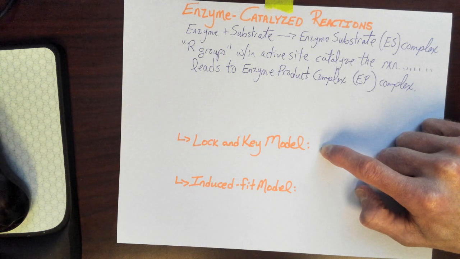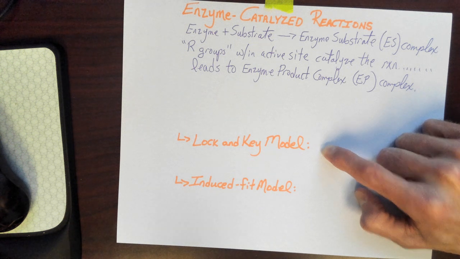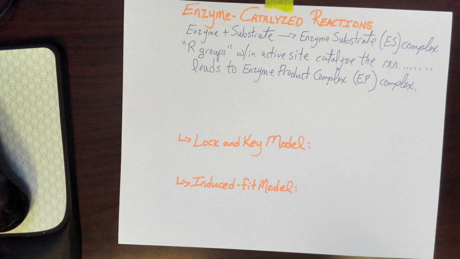Its substrate was the key in the lock and key model, and the key could fit that lock specifically, so much like a doorknob, the doorknob is locked, and there is a specific key that's got a specific shape, specific size that can slide into the keyhole and unlock the door, unlock the lock.